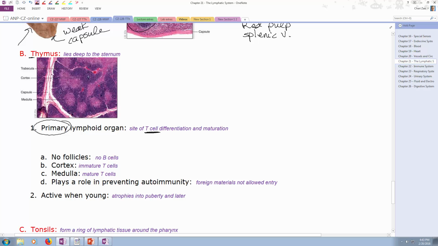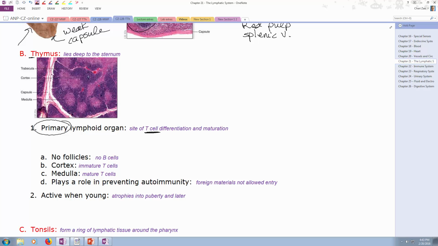T and B cells are both lymphocytes. And lymphocytes originate where, as far as you know? Where does all of our blood come from? Red bone marrow. And that includes white blood cells. Red blood cells, white blood cells, and platelets all originate from our red bone marrow.